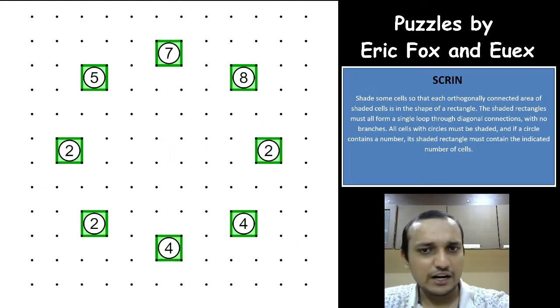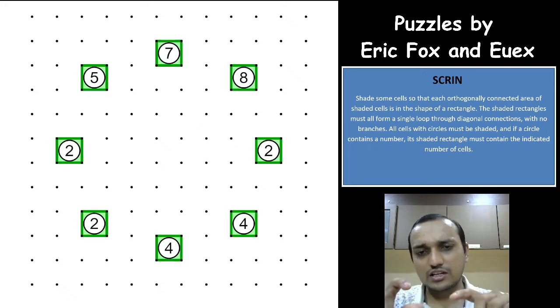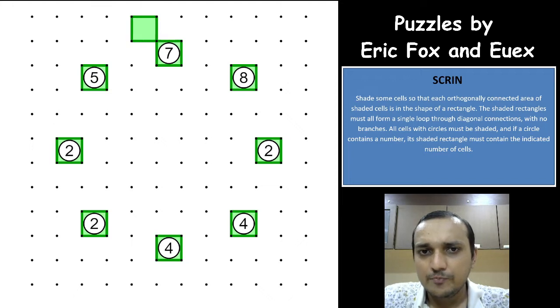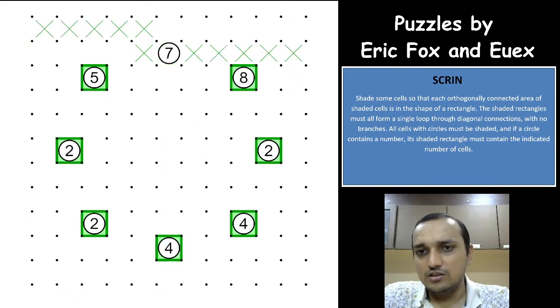One thing I noticed, according to the rules, is a nice trick: each rectangle will have 2 diagonal connections with 2 more rectangles, which means you can never form a rectangle starting with the corner. You cannot have a rectangle starting with the corners.